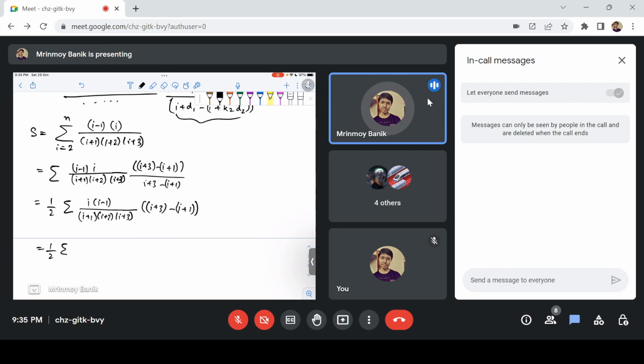If we multiply these into this and this, we get I minus 1 times I. The I plus 3 thing gets cancelled, so we are left with 2 in the denominator, 2 product terms, minus I minus 1 times I plus 1, and I plus 1 times I plus 2 times I plus 3. Okay.